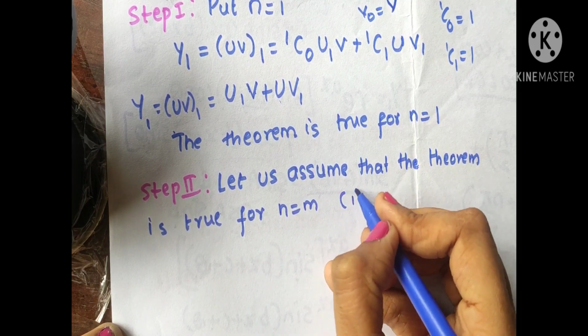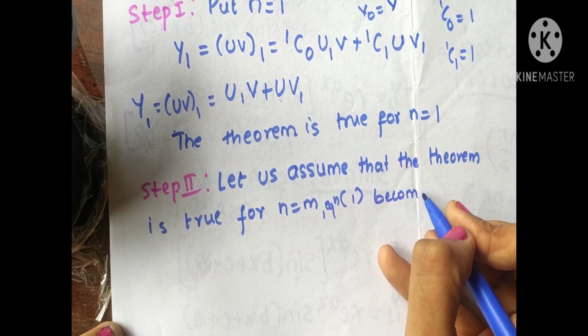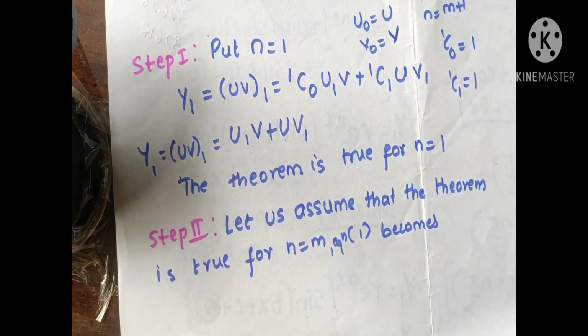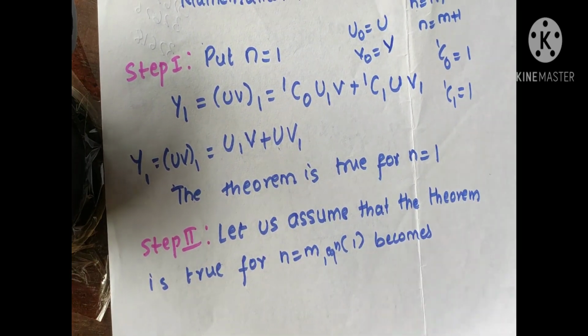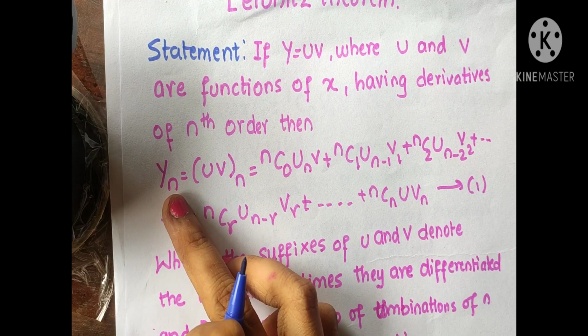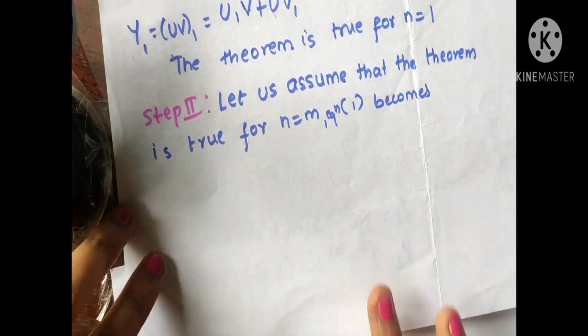So what does equation 1 become? Just substitute n equal to m in equation 1. So this is equation 1. Substitute n equal to m here.